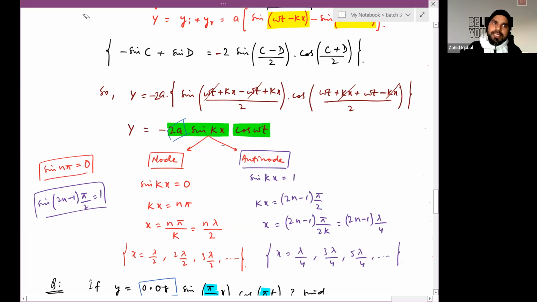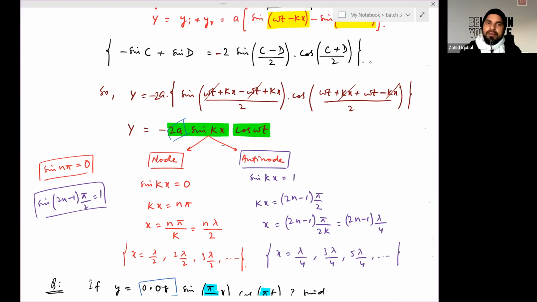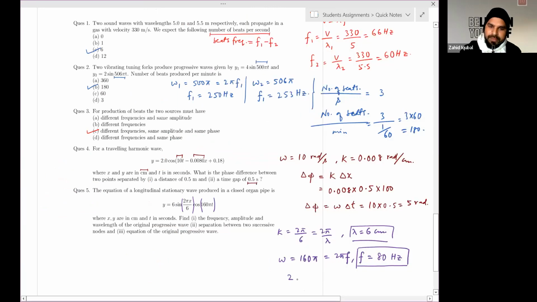So if you have to calculate the amplitude of the original wave, you must divide that amplitude by 2. So we may write 2a equals 6 centimeter. So a equals 3 centimeter will be the amplitude of the actual wave. Yusuf, any doubt? No, sir.